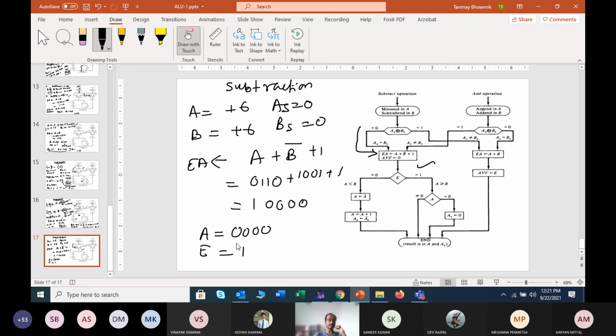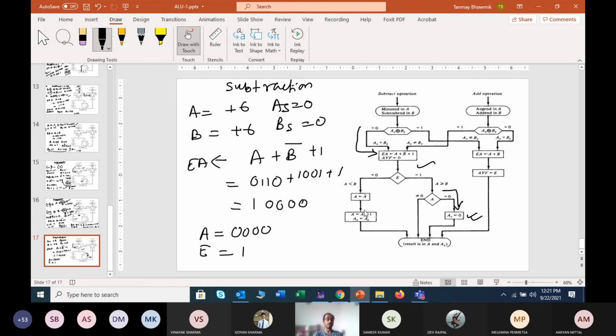And your A is 0, that means you are coming into this zone basically, right? So once A is 0, one more step you have to follow: whatever the sign bit of A initially was, you have to finally put a 0 into this sign bit, because 0 is never negative.